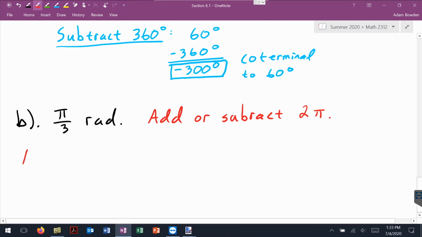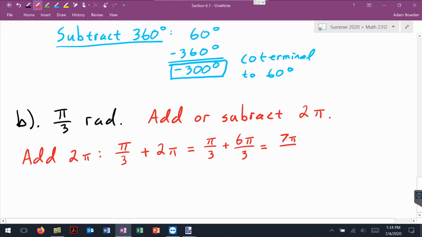So if I add 2 pi, it would look like pi over 3 plus 2 pi. I would calculate that by doing 2 pi as 6 pi over 3. That way I can add them together and get 7 pi over 3 in radians. That would be coterminal to pi over 3.